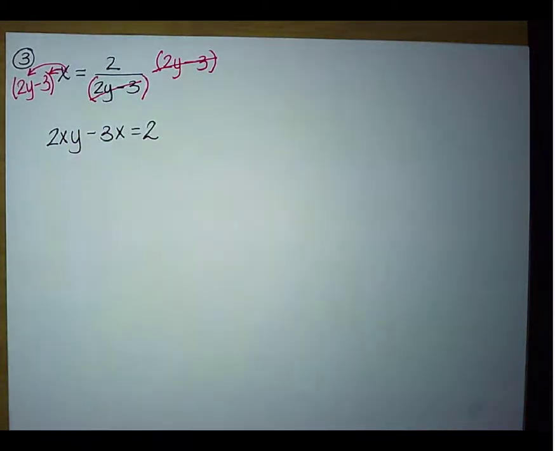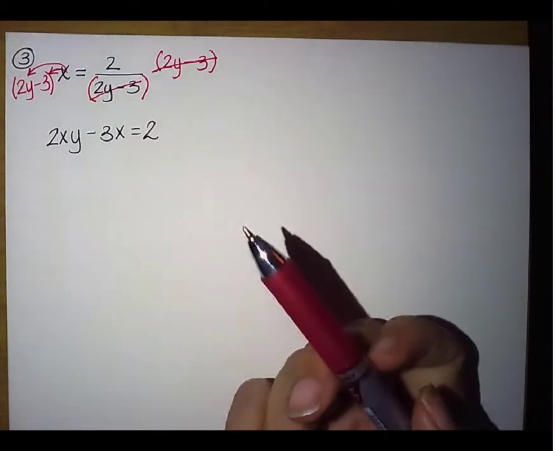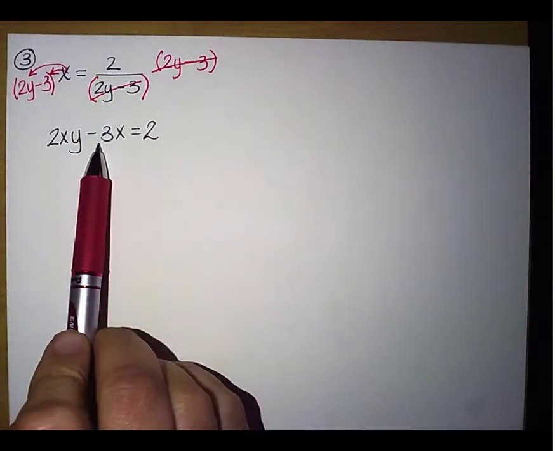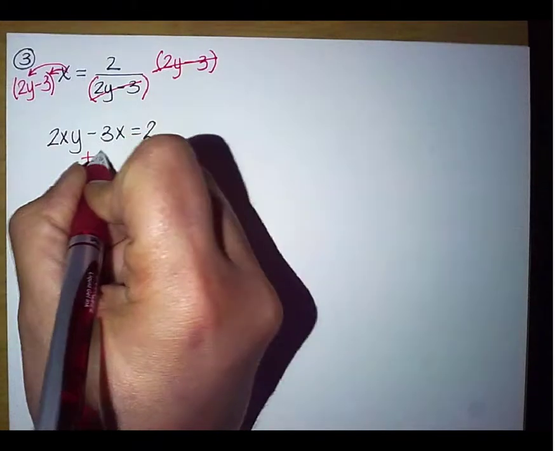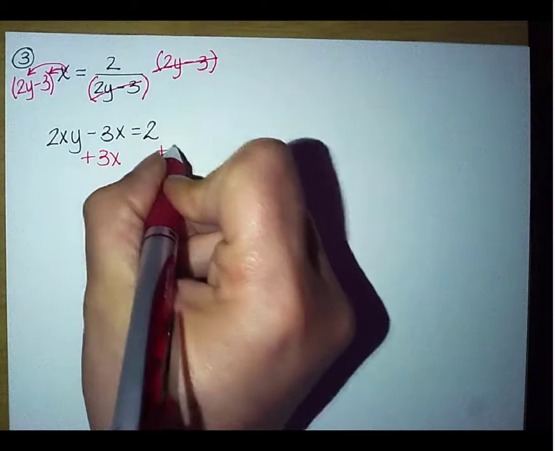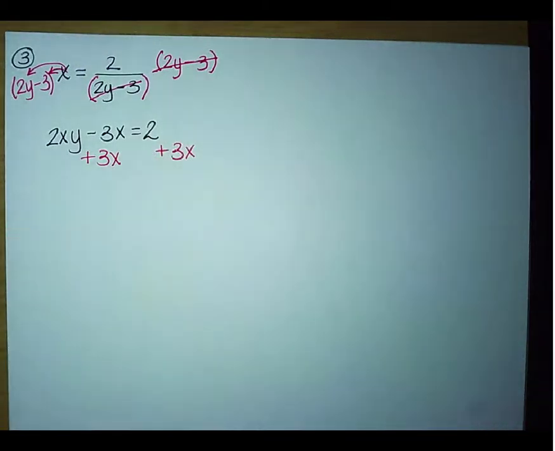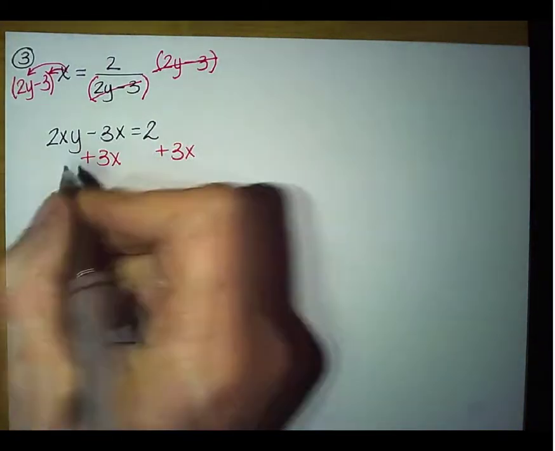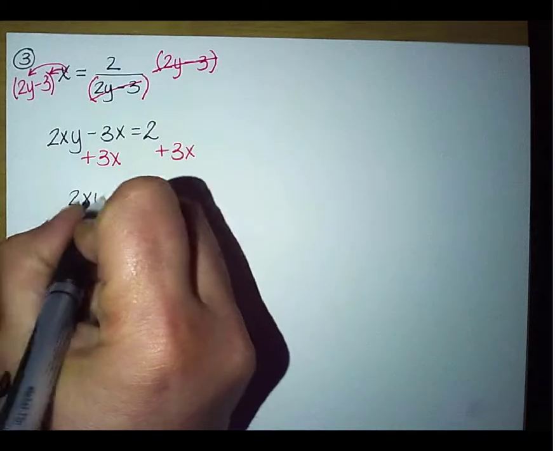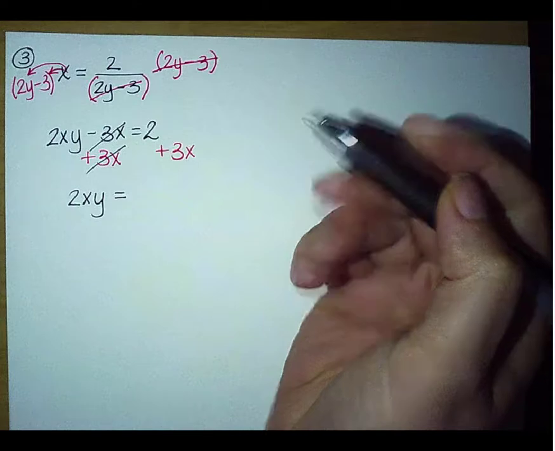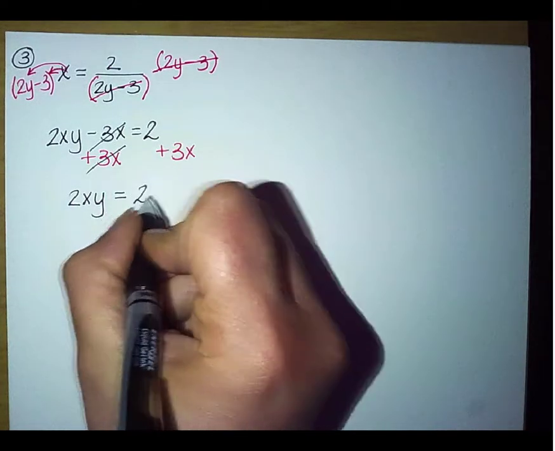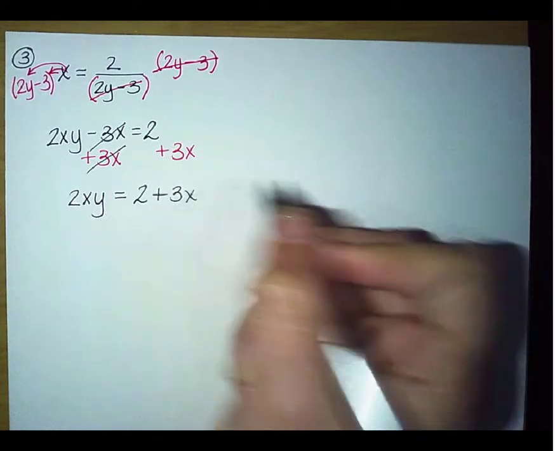Again, remember we always want to move the things that are added or subtracted first, so that means that we need to get this negative 3x over here to the other side. So we are going to add 3x to both sides. So we're going to have 2xy is equal to, and again these 3x's are going to cancel each other out, and we're going to get 2 plus 3x.